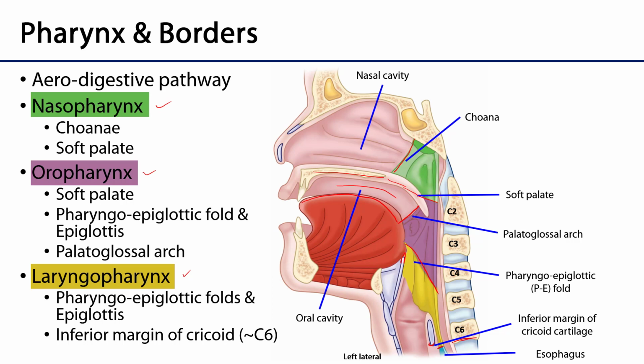That's about at C6. So at that region, that laryngopharynx is contiguous with the esophagus. Anteriorly, there is the laryngeal inlet. That laryngeal inlet, once we cross over that boundary, we're then within the cavity of the larynx.